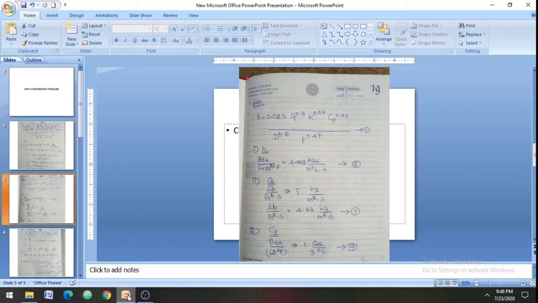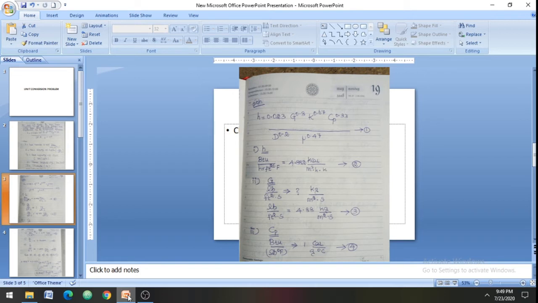The unit of h is BTU per hour foot square degree Fahrenheit. This is the FPS unit, and we want to convert into SI unit. 1 BTU per hour foot square degree Fahrenheit is equal to 4.882 kilocalories per meter squared hour Kelvin. So this is the unit conversion for h.